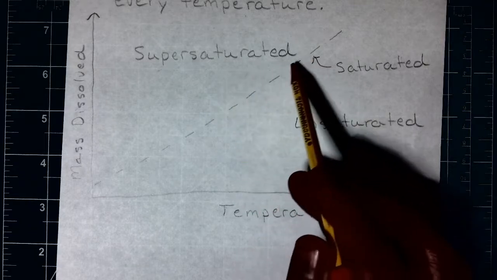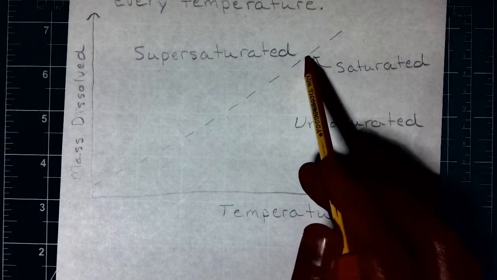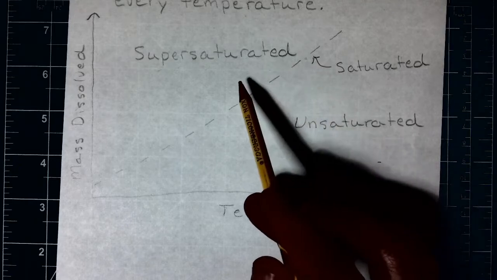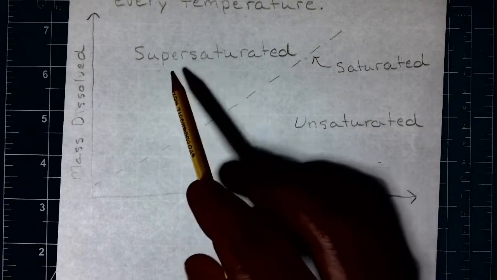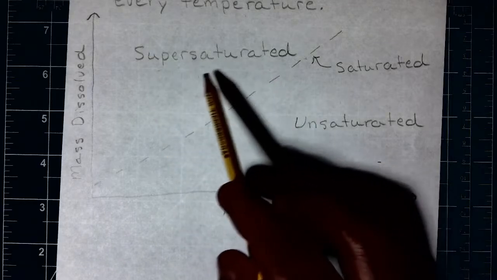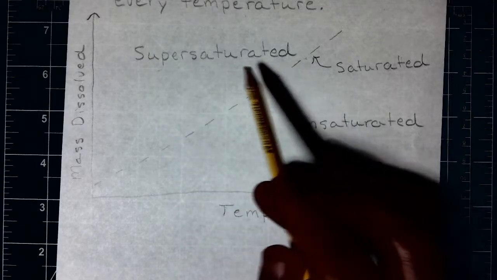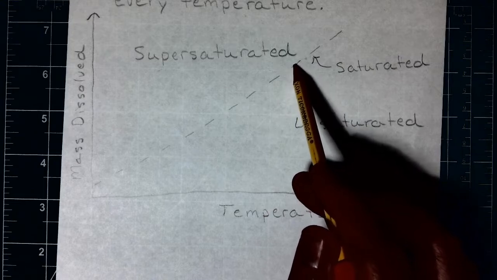What it really is, is a maximum if you allowed the solution time to settle. Eventually, any supersaturated solution is not going to be stable, and some of the solute will start to precipitate out until you reach a saturated solution.